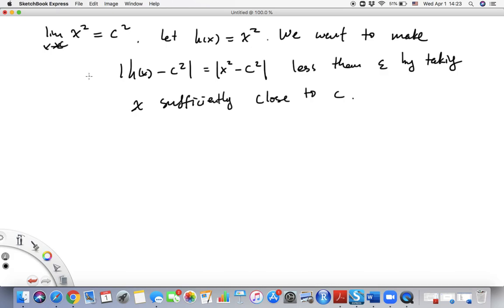So to do so, we first observe that x squared minus c squared is equal to x plus c times x minus c.